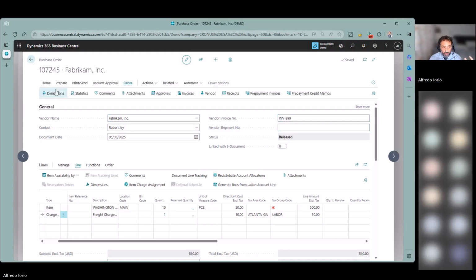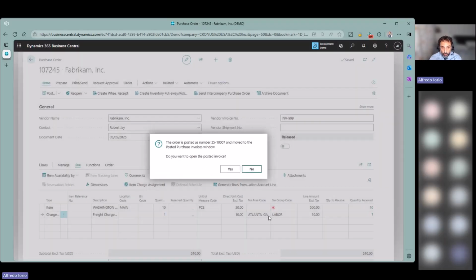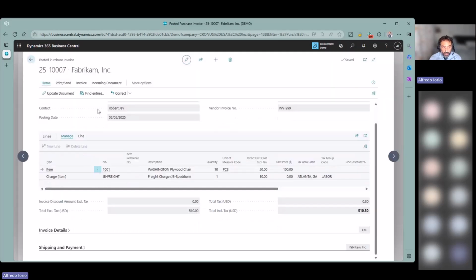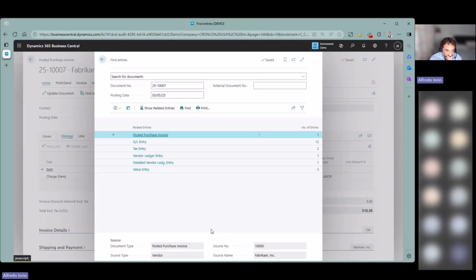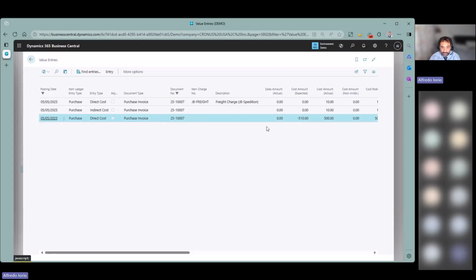So once we are ready to get and post the invoice, it's where we have the application of the item charge. And so if I look at the entries now, you can see 3 value entries. You can see we're taking the complexity to the next level now. We have direct cost of purchase, expected 510, reversed with 500, 500 cost of purchase.